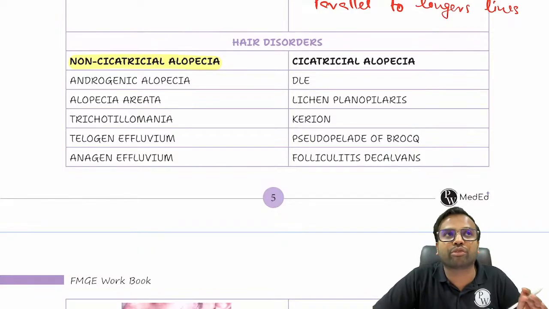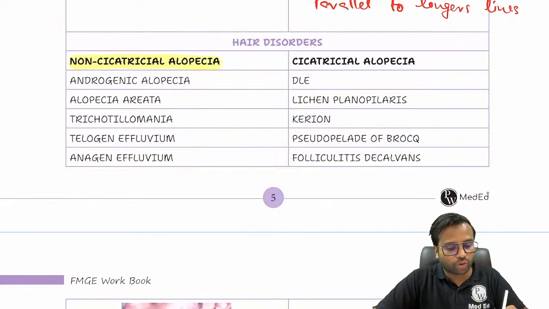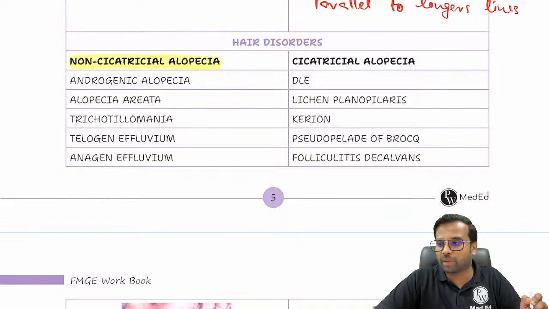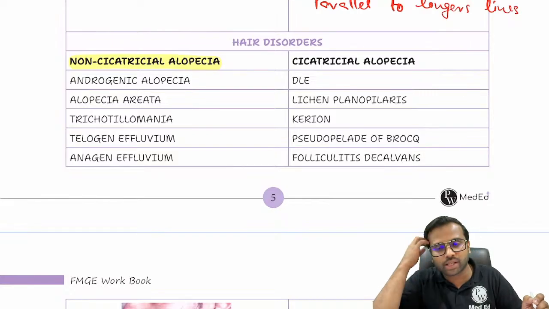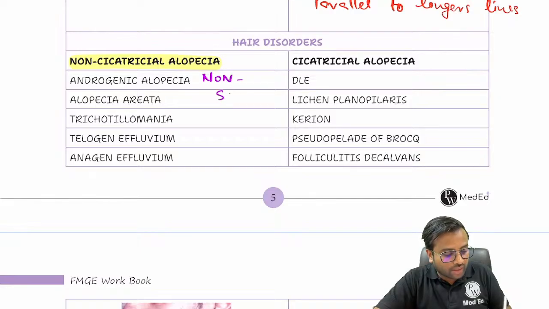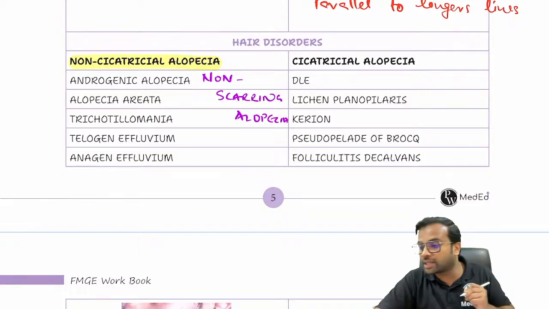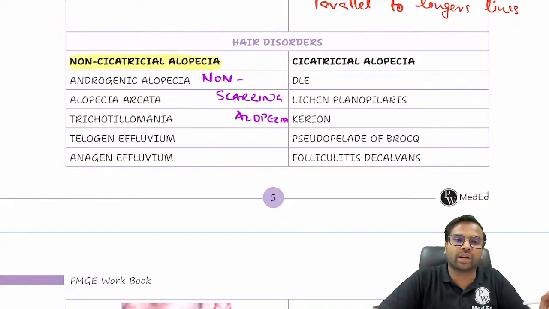What is a much more common name for it? This is also called non-scarring alopecia. Cicatricial means scarring alopecia.